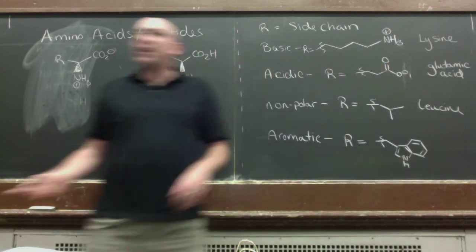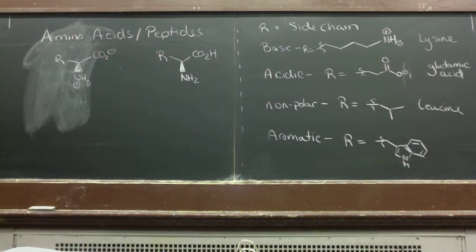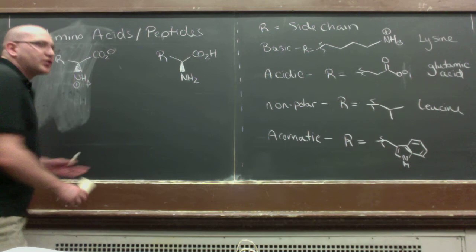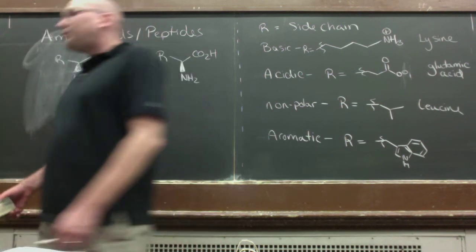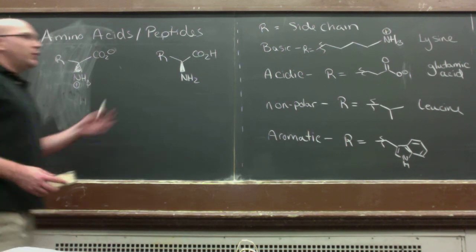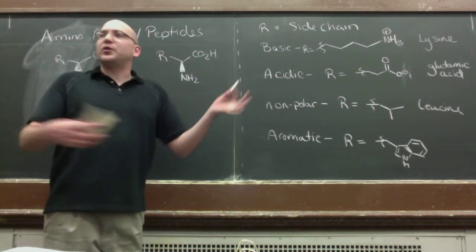So that's got an aromatic appendage. There's phenylalanine, for example, which is another one. And so again, you have this array. There's certainly others as well. Things like methionine and cysteine and serine, which again are other groups. You can find these all in your books.